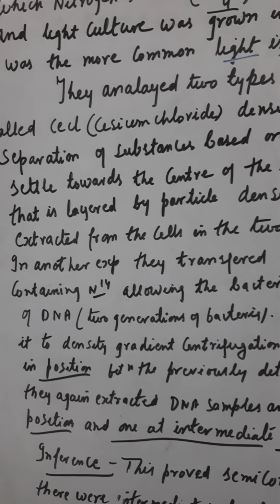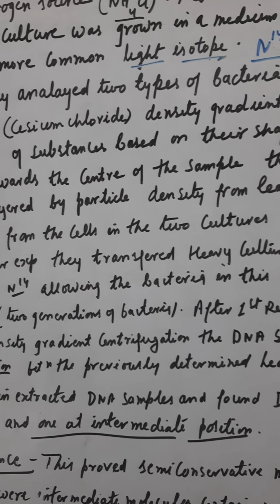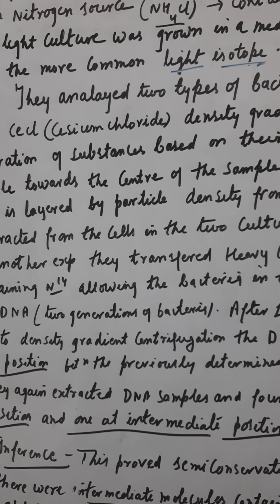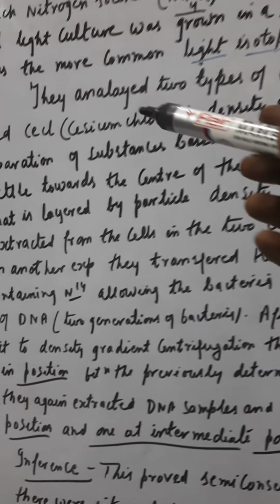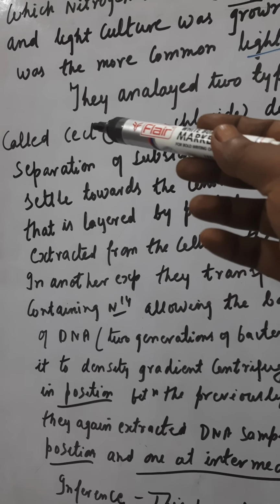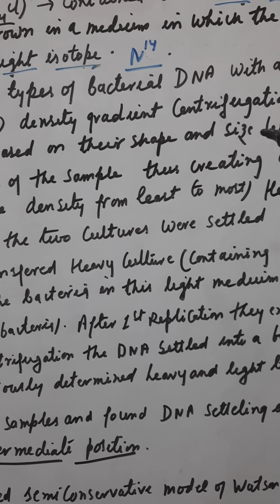Now they analyzed the two types of bacterial DNA with a technique called cesium chloride density gradient centrifugation.